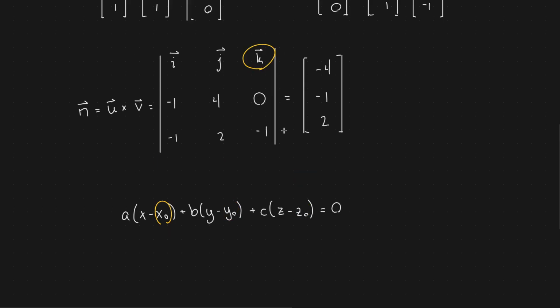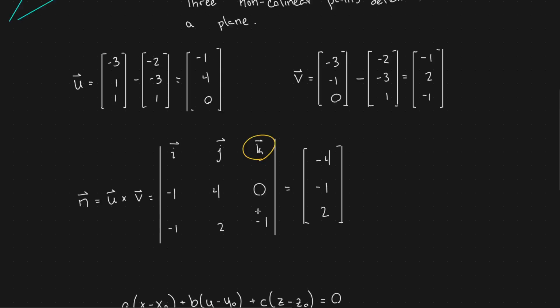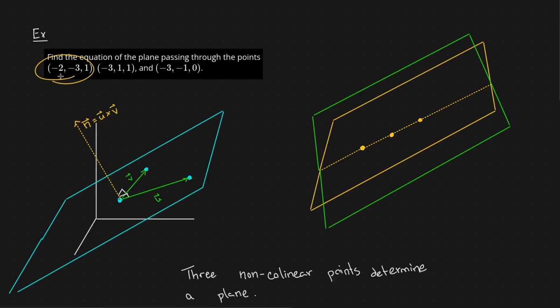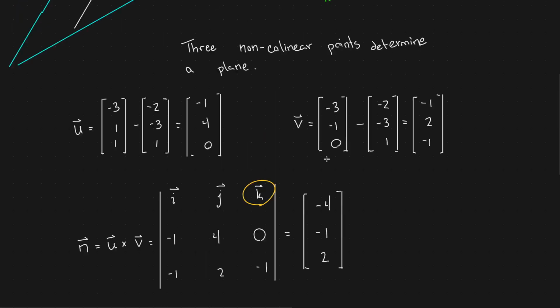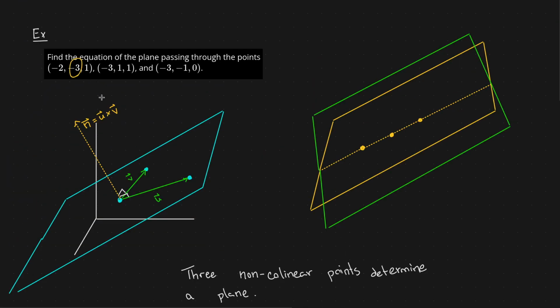Okay, so let's start plugging in. A is -4 times x minus x naught. Let's just use the first point here, (-2, -3, 1). So first component here is -2. Plus B, -1, times y minus the second component in the point, which is -3. Plus the last component in the normal vector is 2, times z minus z naught.